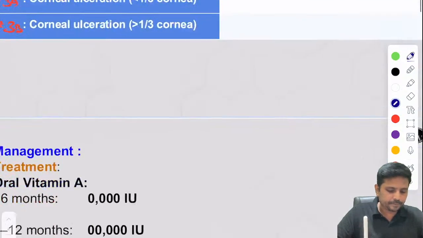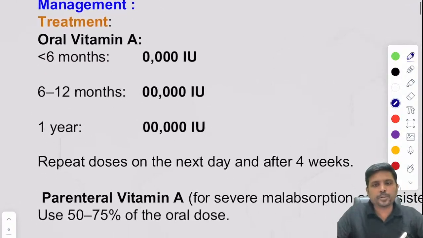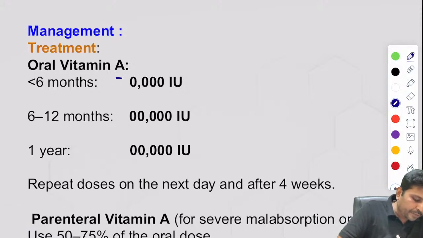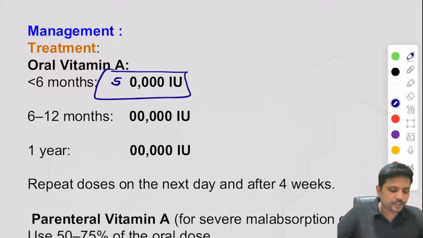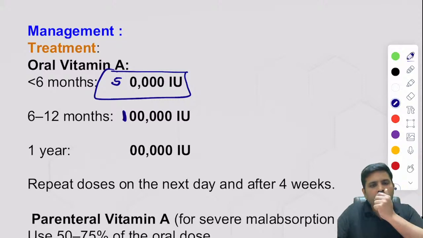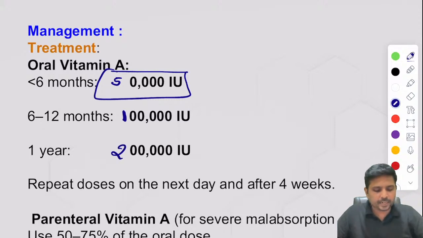Now let's come to the treatment. What is the management? Oral vitamin A for less than 6 months is 50,000 international units. Between 6 months and 12 months it is 1 lakh international units, and for more than 1 year it is 2 lakh international units.